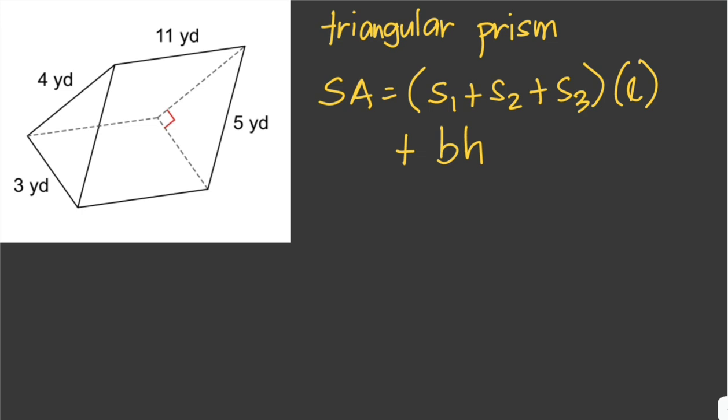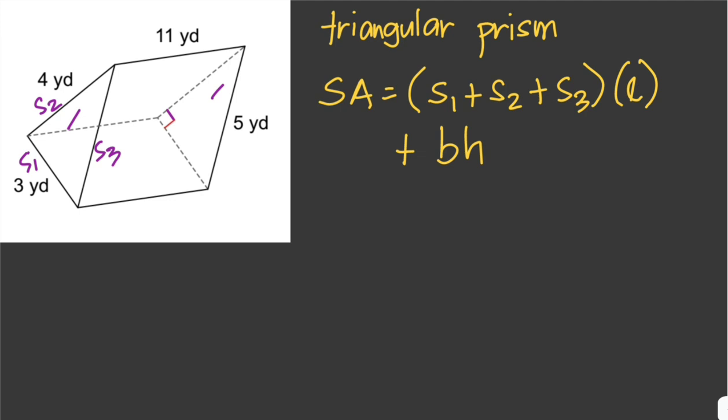Alright, but first we need to identify which ones are the sides of the triangle. So we have two triangular faces here, this one and this one, and it is indicated that it is a right triangular prism. This one is side 1, this one is side 2, and this one is side 3.